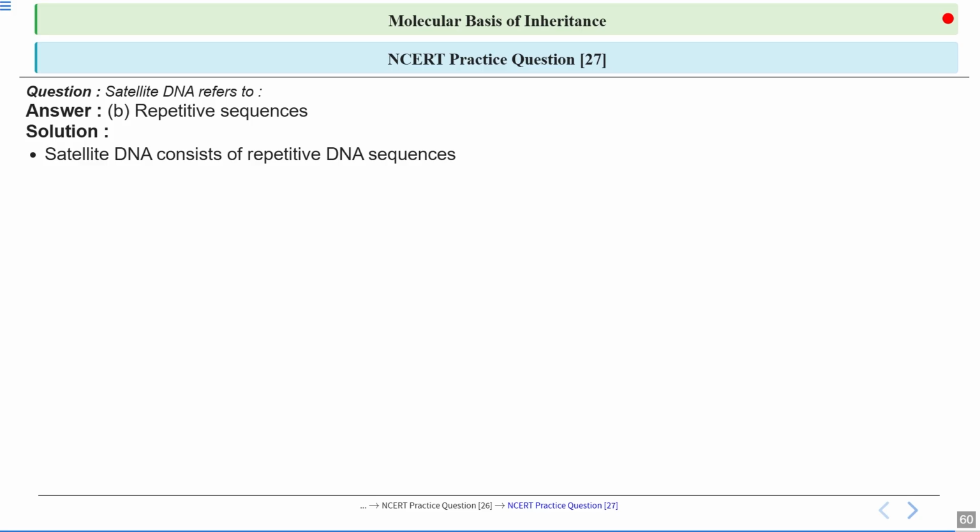So they are non-coding. Okay, but these are very important for DNA fingerprinting. These repetitive DNA sequences form the basis of DNA fingerprinting. Especially the VNTRs, which are variable number of tandem repeats. Okay, this is clear?